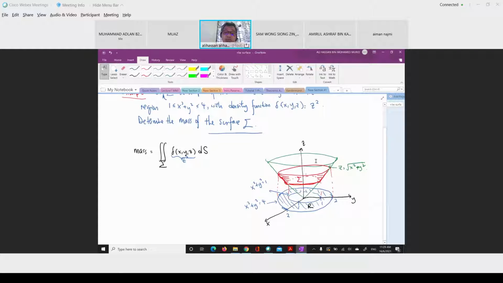Suppose the density of this surface sigma is equal to z squared. So what is the mass?